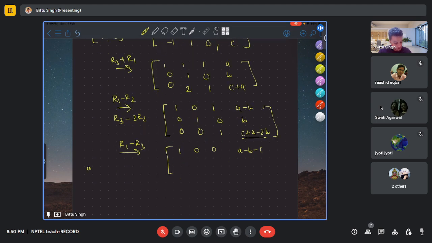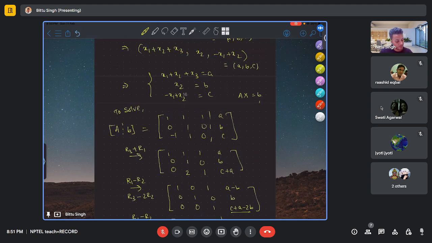Let us do this in rough work: a minus b minus c minus a plus 2b, which is b minus c. So the matrix is 0 1 0 | b and 0 0 1 | c plus a minus 2b. So this is the solution.